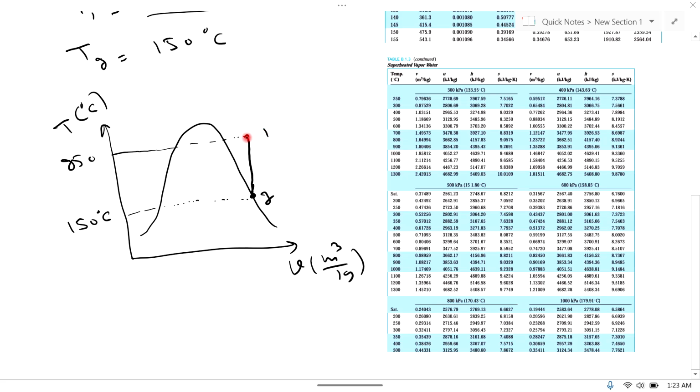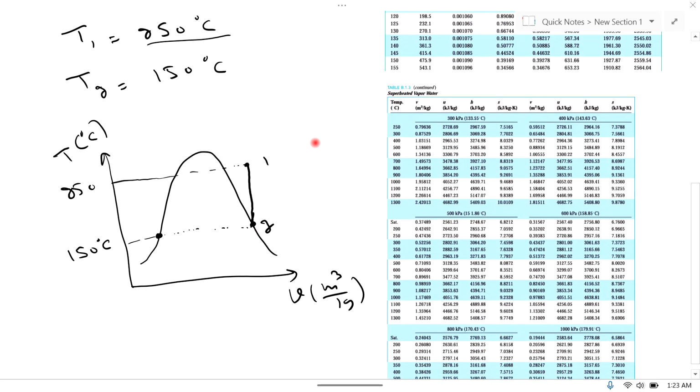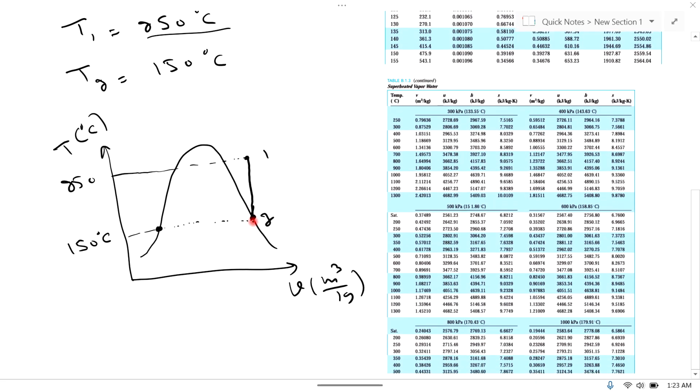So the initial point is superheated, and point 2 is the start of condensation. This is the start of condensation, and this is the end of condensation. The end of the process is the start of condensation, so it is this point. This is a constant volume process.